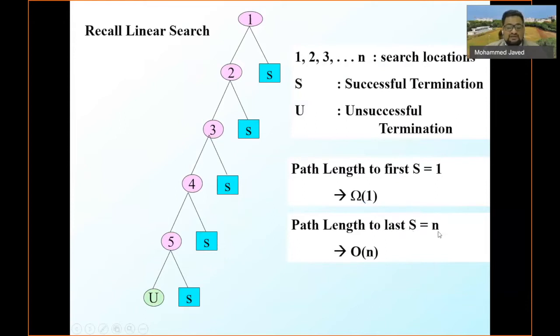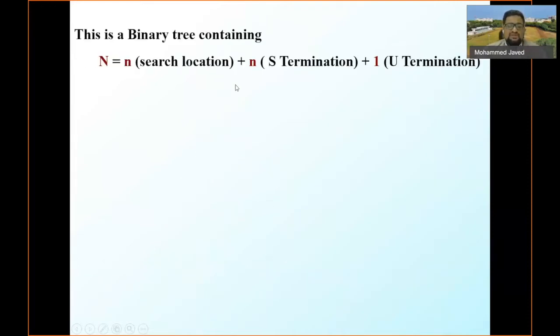It is n, so I find the key element at the last position. So in this case, the time complexity would be O of n. What about the unsuccessful search? The path length to the unsuccessful search would also be n. So in this case, it is a theta n algorithm.